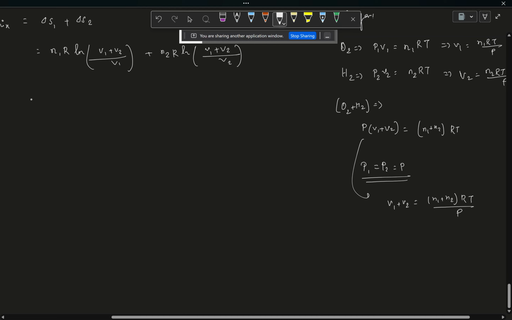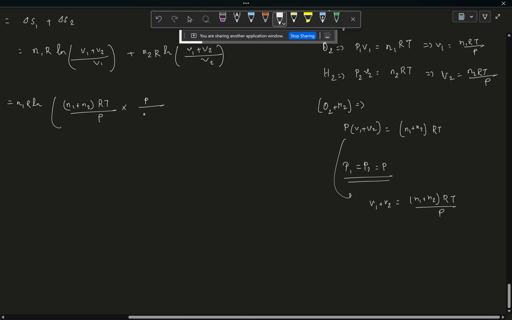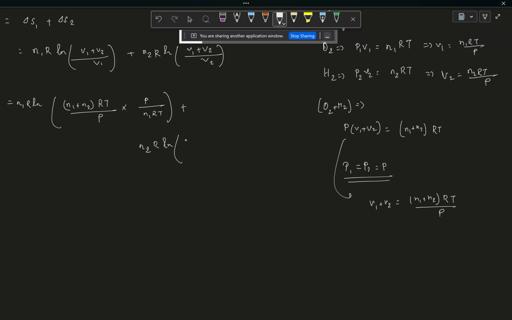by P. So you get N1 R ln of V1 plus V2, which is basically (N1 plus N2) RT by P, into V1 is P by N1 RT, plus the second term is N2 R ln of (N1 plus N2) RT by P, into V2 is P by N2 RT.